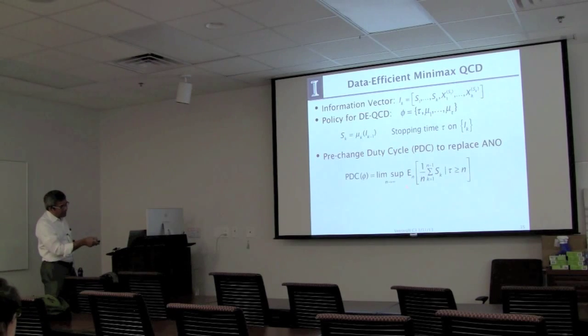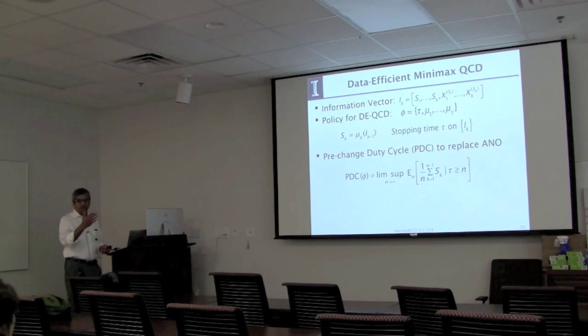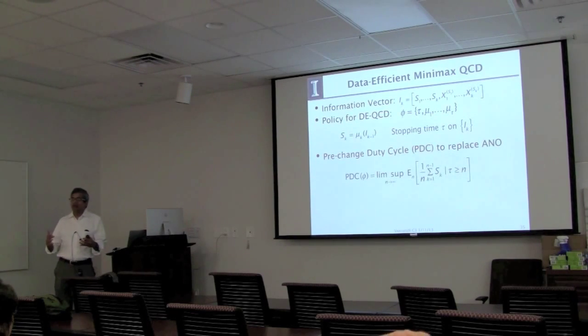Again, I'm conditioning on the change having happened at time n. I stop after time n, so I'm conditioning on tau bigger than n. And then I'm looking at the average number of observations that I've taken, or the duty cycle, in that range from 1 to n. Okay? And I want this quantity to be small, right? So I want the largest value that it takes to be small.